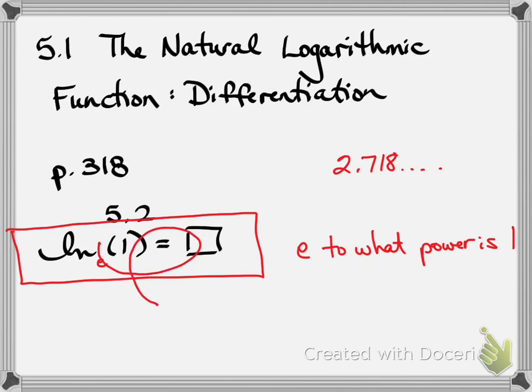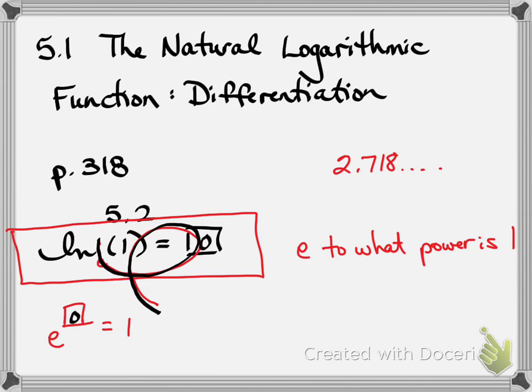So we could take this and write it, I do this swoop, to e to the what power is 1. So you just fill in the exponential with the order that you draw your swoop. And ask me about this if this doesn't make sense. So what power do we raise e to get a 1? We raise it to a 0.